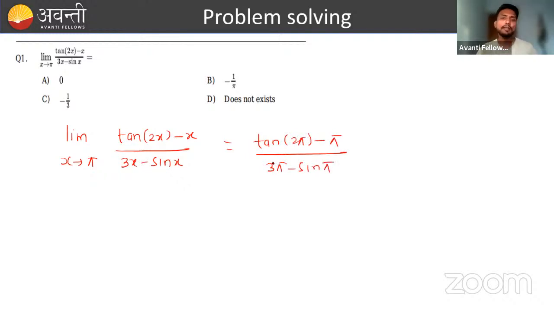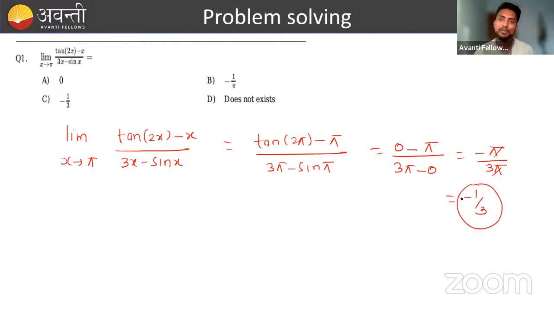You know that tan of 2 pi is what? It is 0, right? So it is 0 minus pi divided by 3 pi minus sin pi, which is 0. So what we are getting is minus pi divided by 3 pi. So pi will cancel and we will get minus 1 by 3.